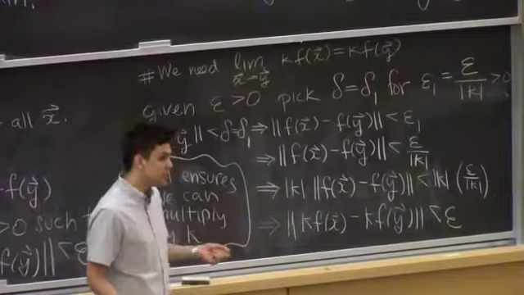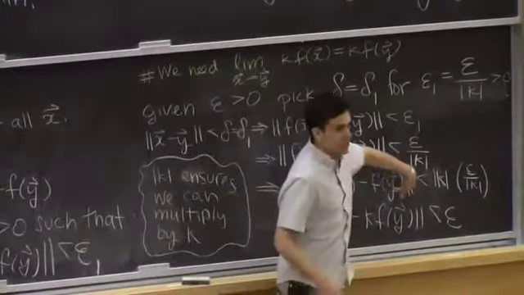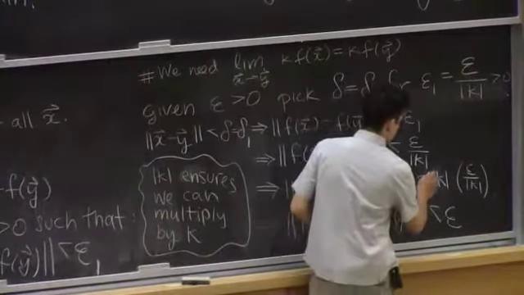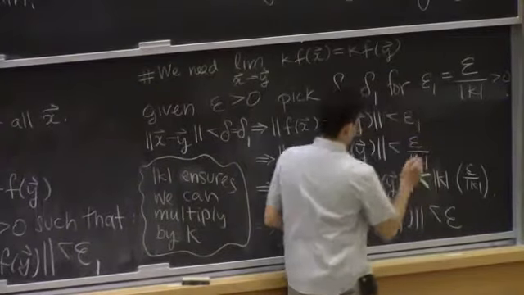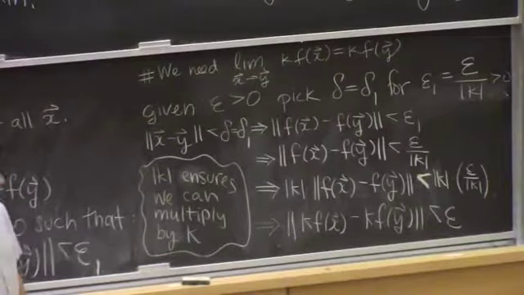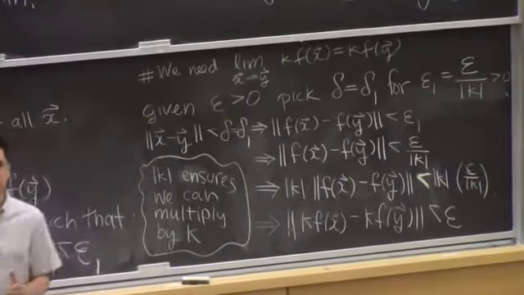If k was negative, like negative 10, then this inequality sign would flip, and the argument would blow up. So we want that we can multiply by k and keep order. Any other questions about that argument?